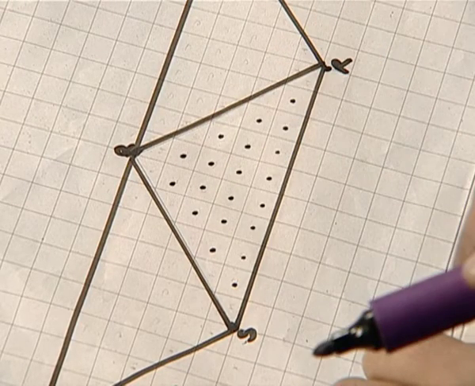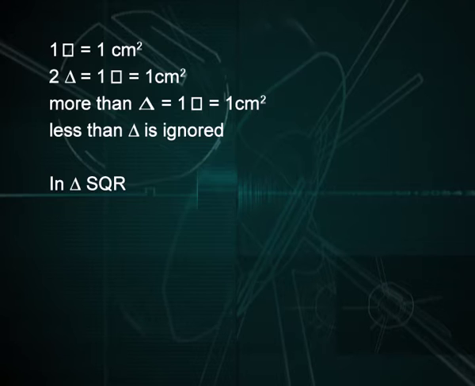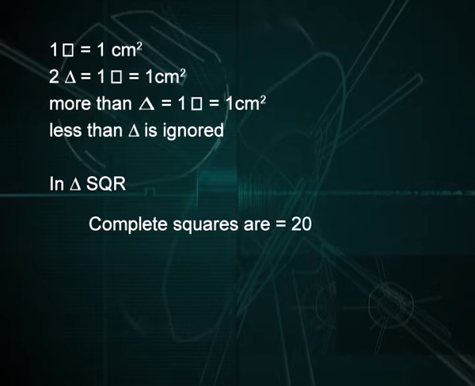So, we find the number of complete squares is 20. In triangle SQR, the number of complete squares is 20, and as we know, one complete square is equal to 1 centimeter square. So, 20 complete squares is equal to 20 centimeter square.